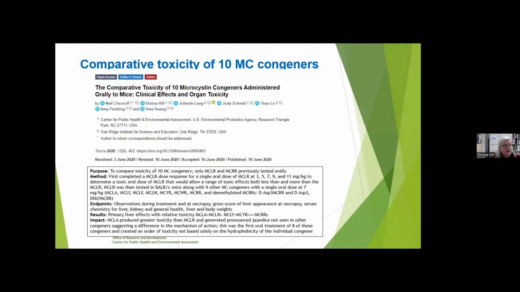They saw that a lot and they requested those. And so a lot of the things I listed in my toxicology endpoints, we did with these mice, it was relatively basic. And we found that in relative toxicity, the LA was more toxic than the LR, followed by LY and YR, and RR hardly caused any change.